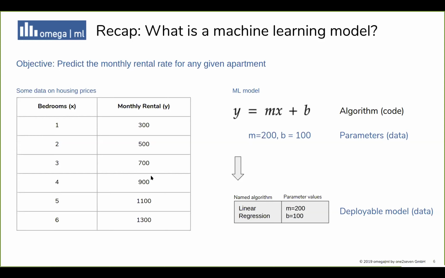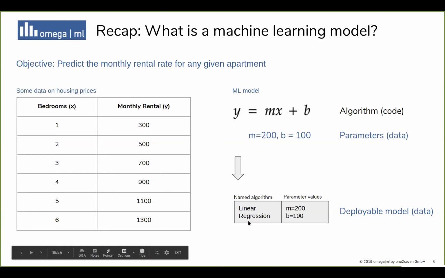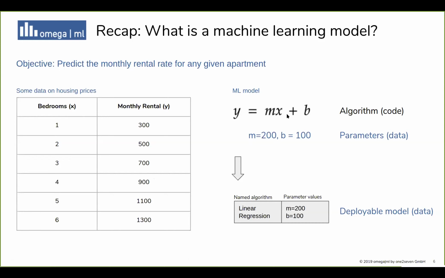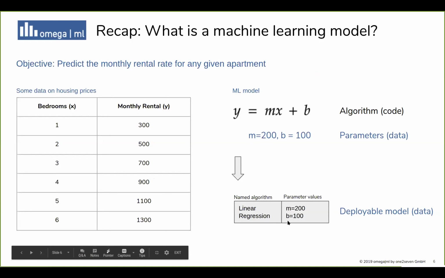When you think about deploying this, what you actually need is to make sure that the system running this model knows that this is a linear regression model, and so it knows to apply this formula. And in order to apply the formula, it needs these two parameters. It needs to know M and B, but you don't really need anything else than that.